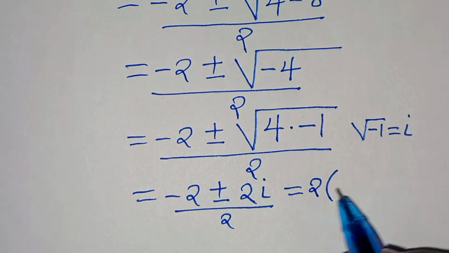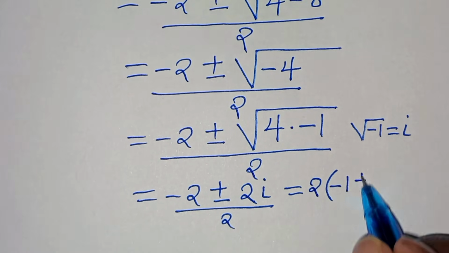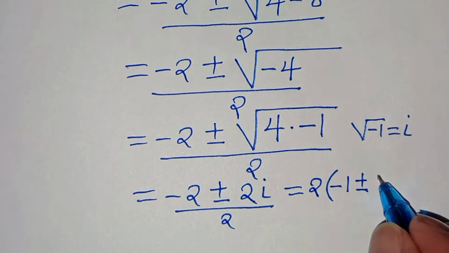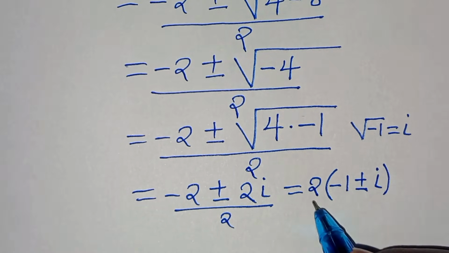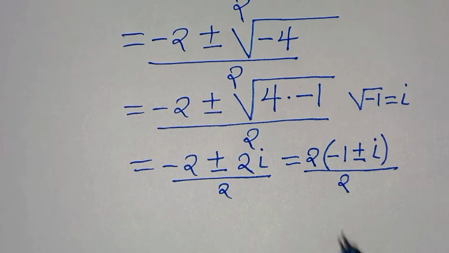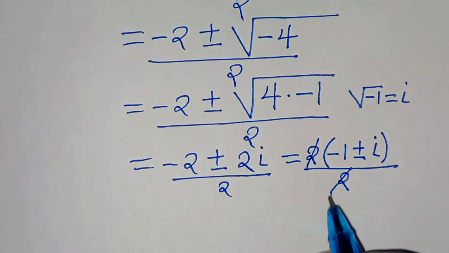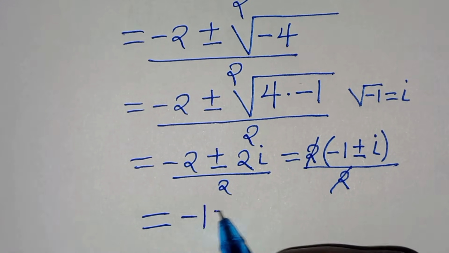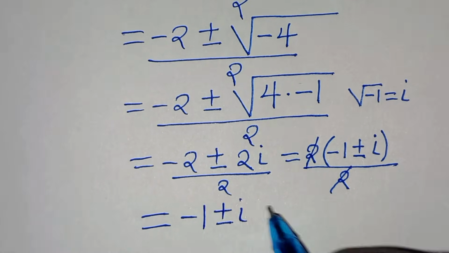Minus 2 divided by 2. This is minus 1 plus or minus 2i divided by 2. This is i, close the parentheses, everything here divided by 2. So this implies that 2 and 2 here simplify, and this is equal to minus 1 plus or minus i.